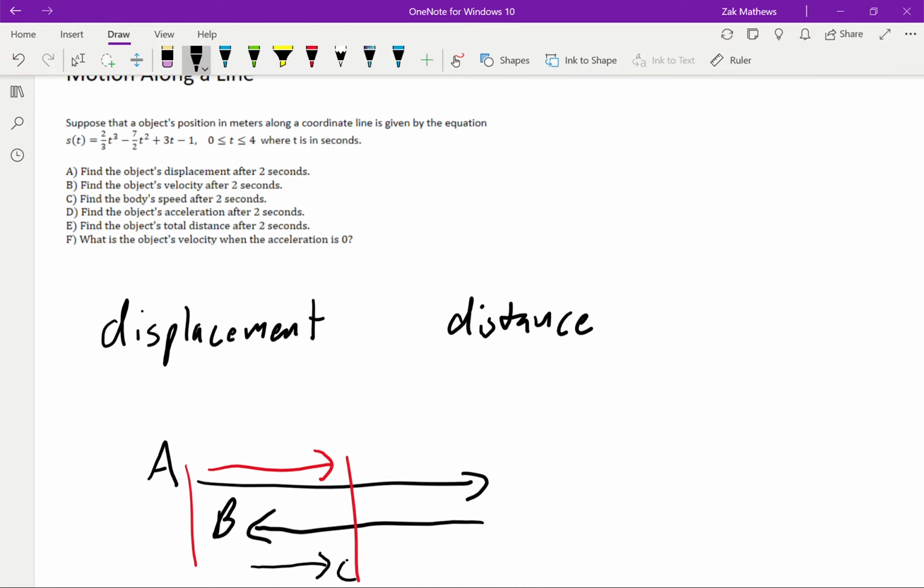Because we care about where we start and where we end, every turn along the way is important. That means that displacement is a vector.